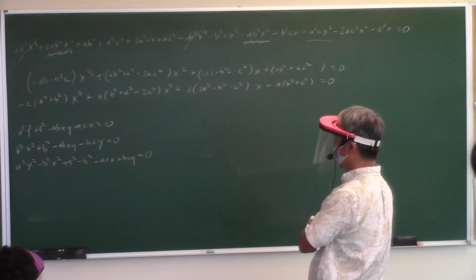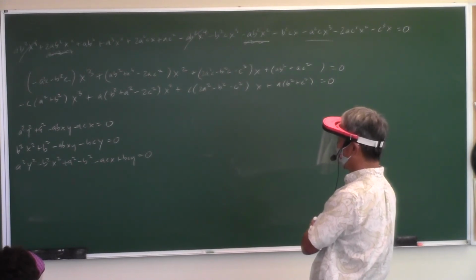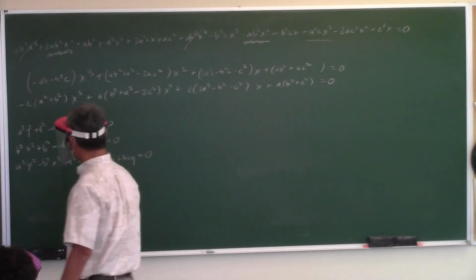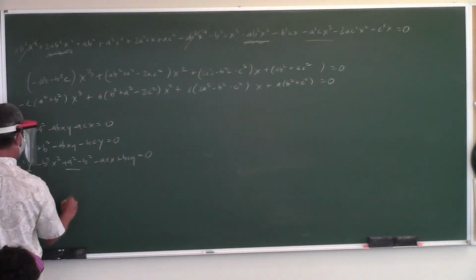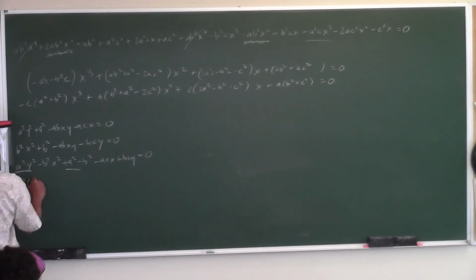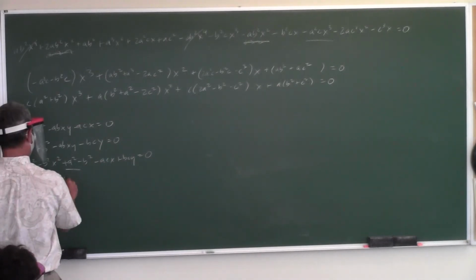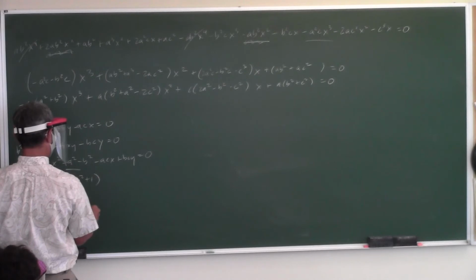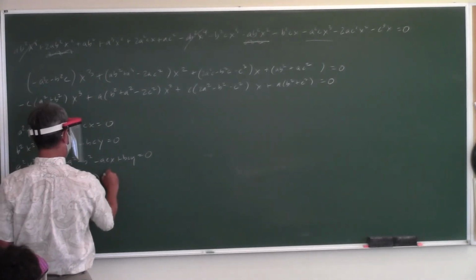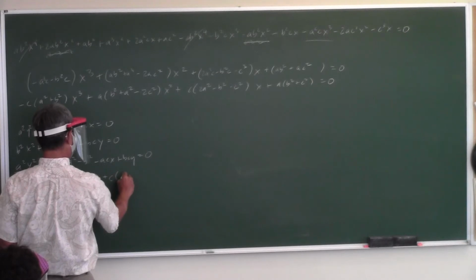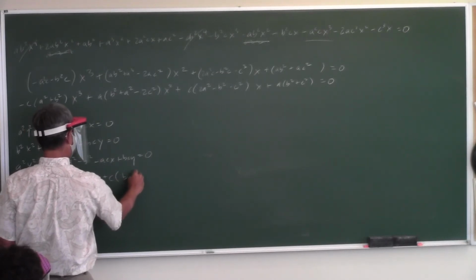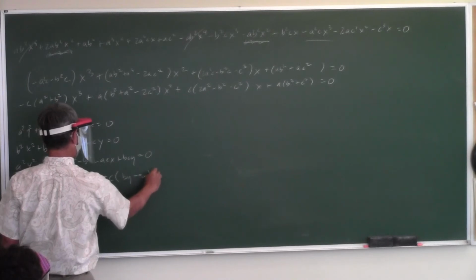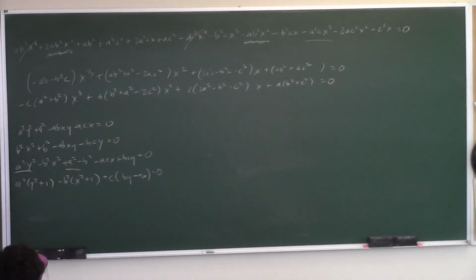Let's just try: factor out a squared, and in parentheses you get y squared plus 1, and then minus b squared times x squared plus 1. So that's a minus b squared. And then over here, factor out a c, and you get by minus ax. I was gonna say, is there something you can do, because you know y squared plus 1 is, no.